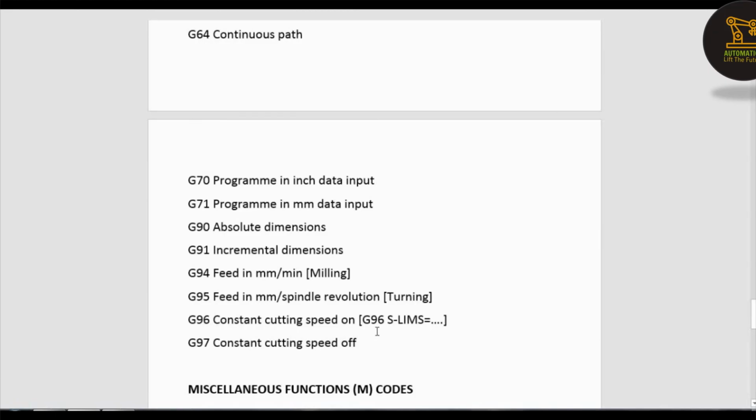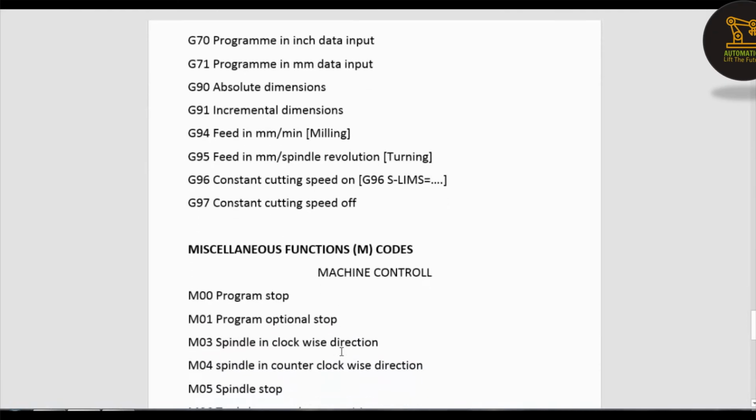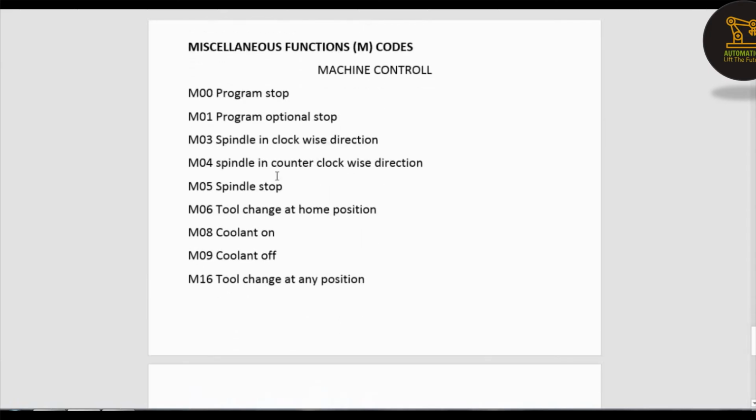Now let us discuss miscellaneous functions, M codes. These codes control the machine. M00, program stop. M01, program optional stop, and this is used in between cycle to cycle. M03, spindle in clockwise direction, and M04, spindle in counterclockwise direction.